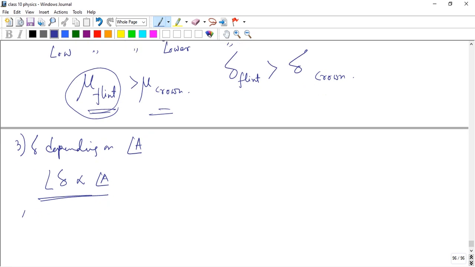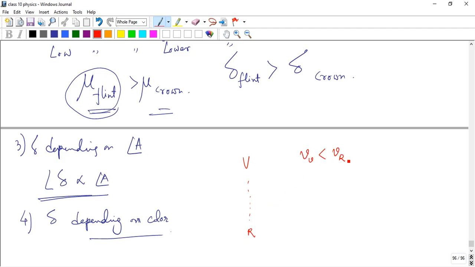Number 4 and the last factor is that delta depends on the color of light. If I draw a VIBGYOR rainbow, V to R, you know that the velocity of violet is less than the velocity of red.